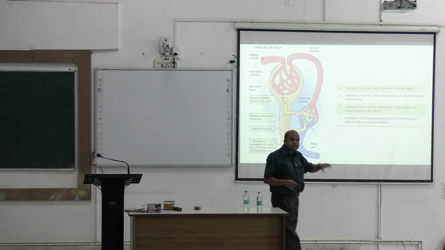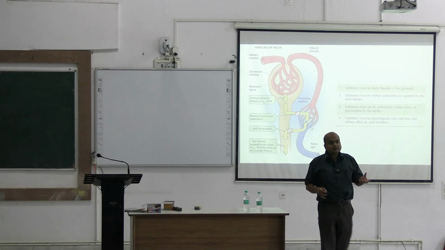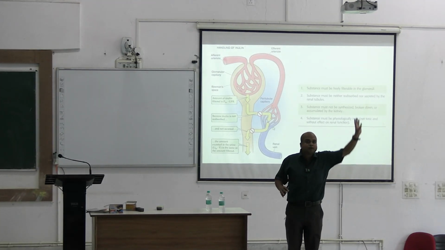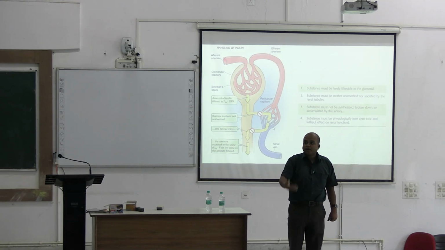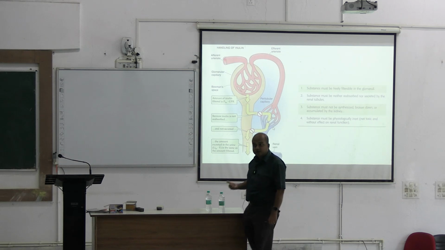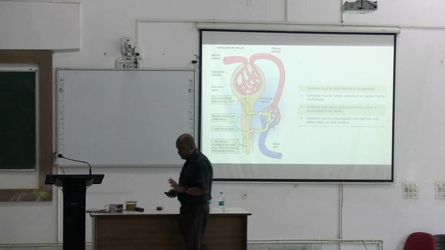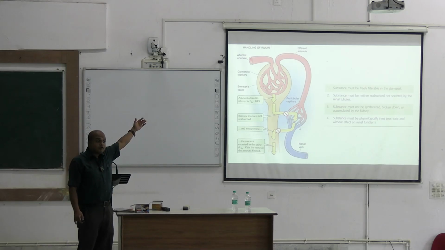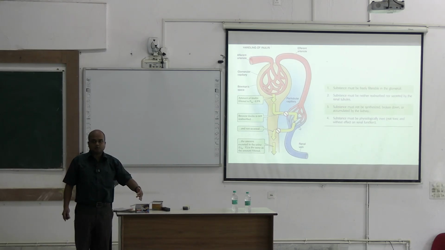If it is reabsorbed or secreted from the renal tubules, then whatever is coming out in urine cannot measure my glomerular filtration rate, because experimentally whatever is cleared in the urine is what is being measured. That gives the filtration rate only when whatever was filtered is just what comes out in urine.